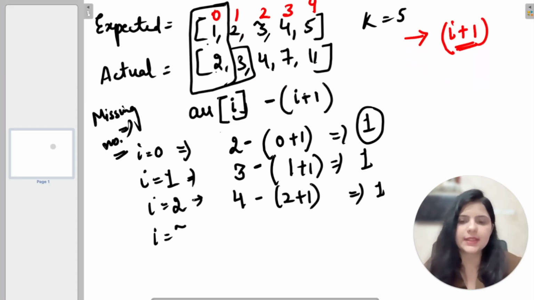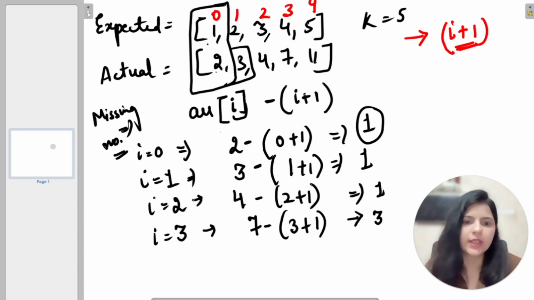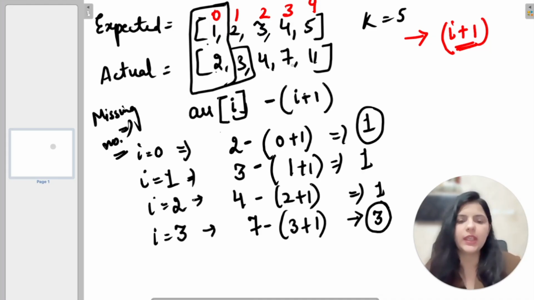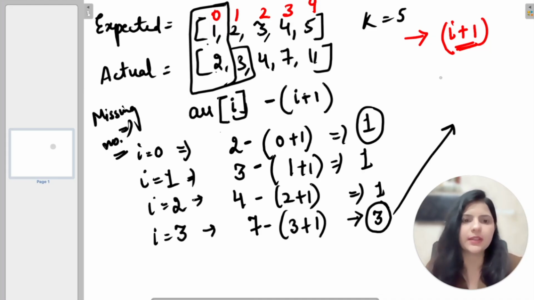Now index 3. So index 3, 7 minus 3 plus 1. Which is equal to 3, right? So that means till index 3, 3 numbers are missing, right? So which 3 numbers are missing? 1 is missing, 5 is missing, 6 is missing, right?